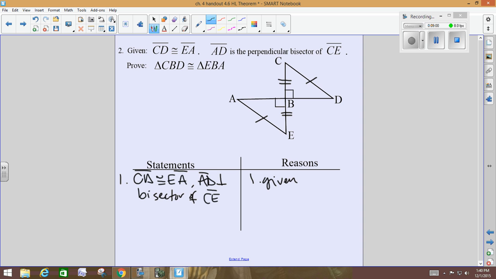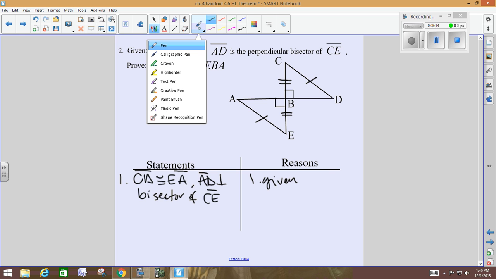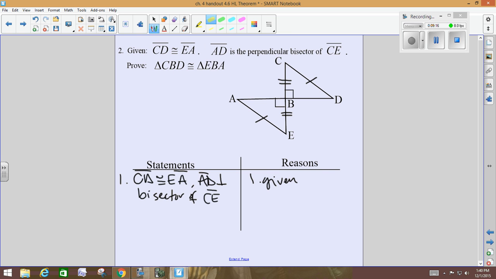Okay, if you're going to use the HL theorem, you have to meet 3 conditions. What are those 3 conditions? We need a right triangle. We need a congruent hypotenuse and a congruent leg. Do we have any of it listed yet? Which one? Good. The given gives us the hypotenuse. So we still need to list in there that we have congruent legs and that the triangles are right triangles.